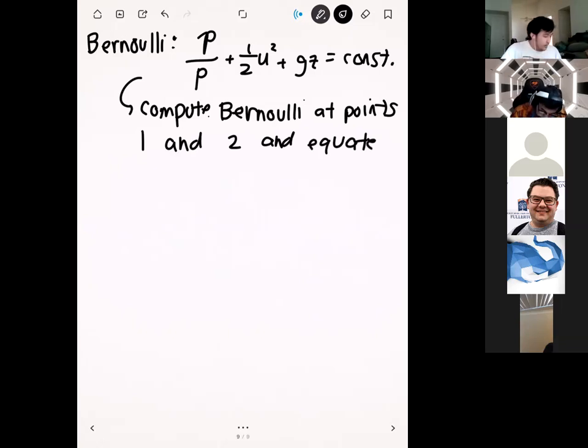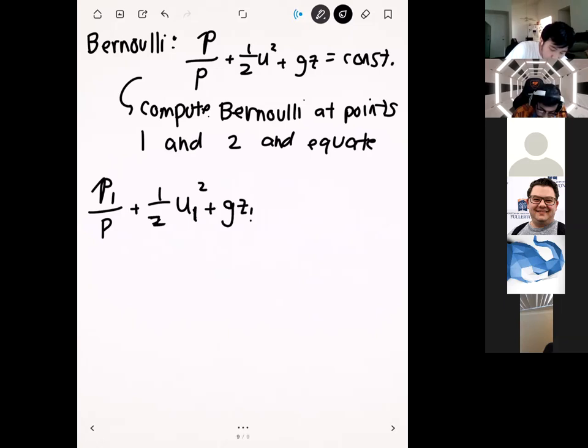First, let's write out Bernoulli at point 1. We'll call it P1 divided by rho plus 1/2 u1 squared plus g Z1. Those are all the conditions at point 1: the pressure at point 1, the velocity at point 1, and the height at point 1.